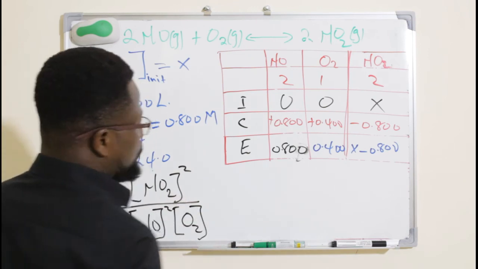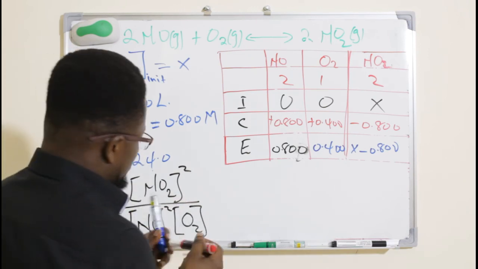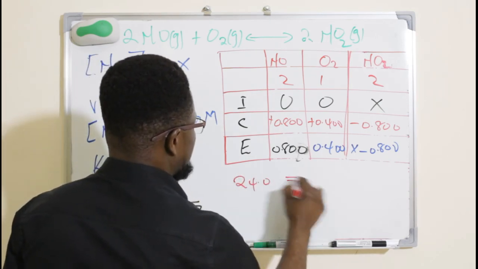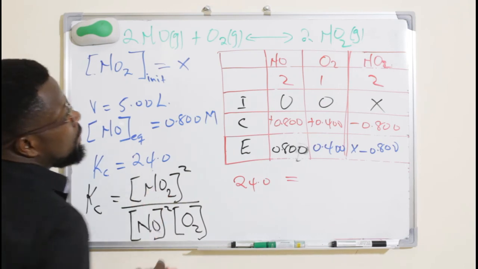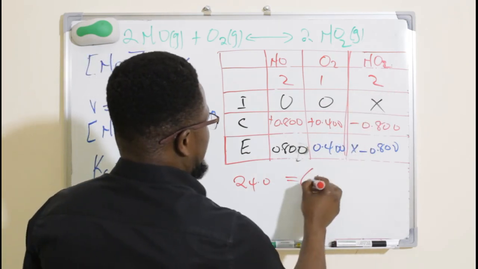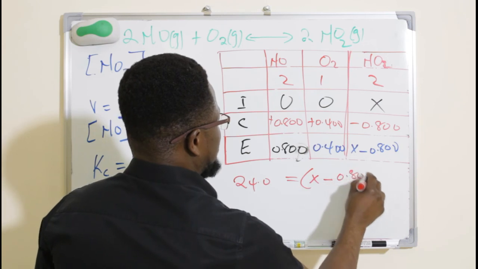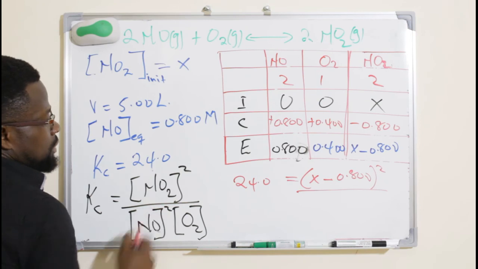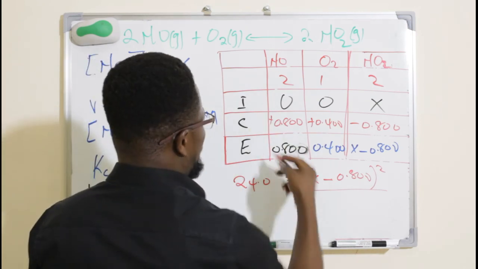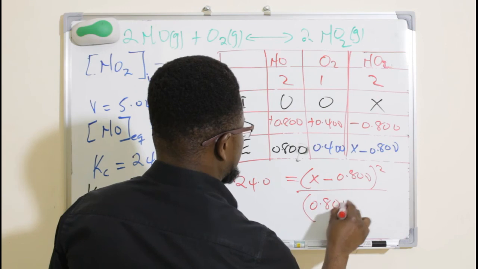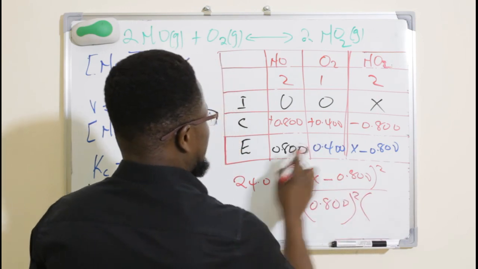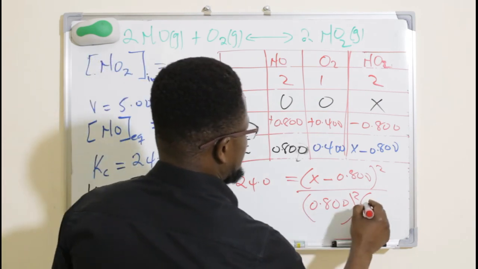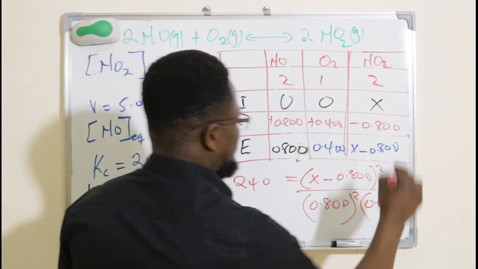And now I am going to do the substitution. Kc is given to be 24.0. NO2 is given to be X minus 0.800, squared. NO is given as 0.800, squared, and 0.400 is given to us, so we put that also there.